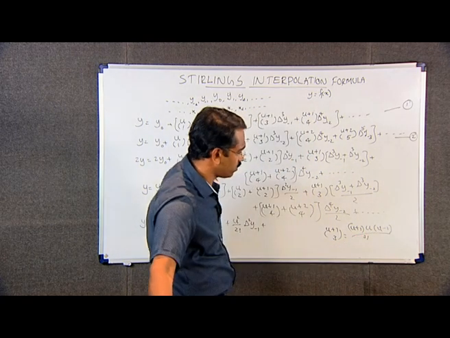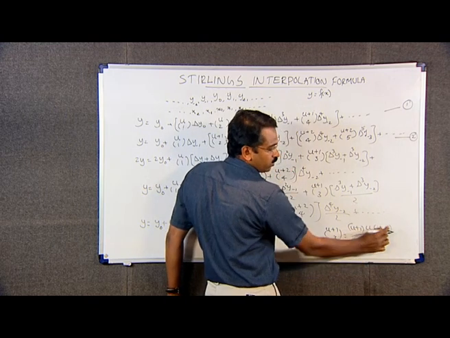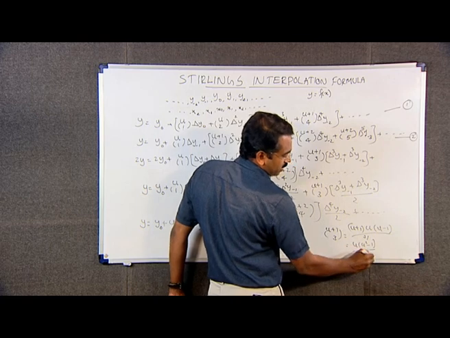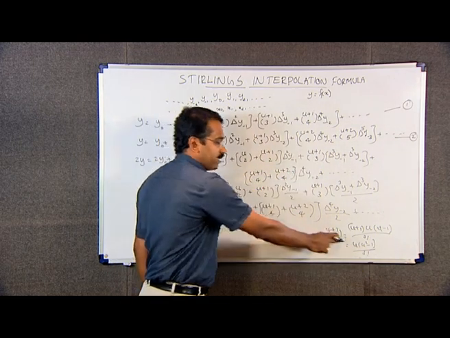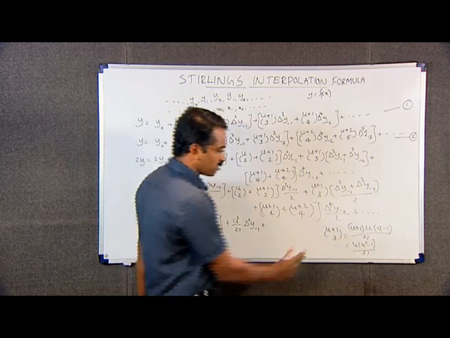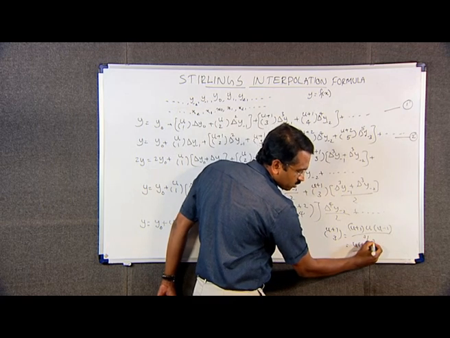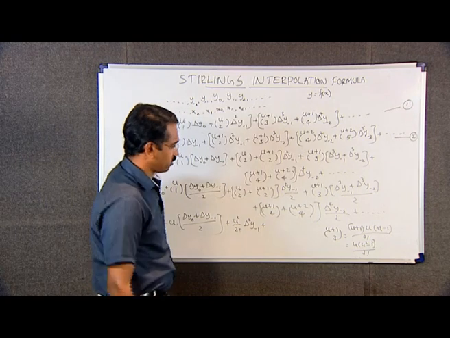That is equal to u into (u plus 1)(u minus 1), which is u square minus 1, divided by 3 factorial. Therefore, we can write (u plus 1)C3 as u into (u square minus 1) divided by 3 factorial.